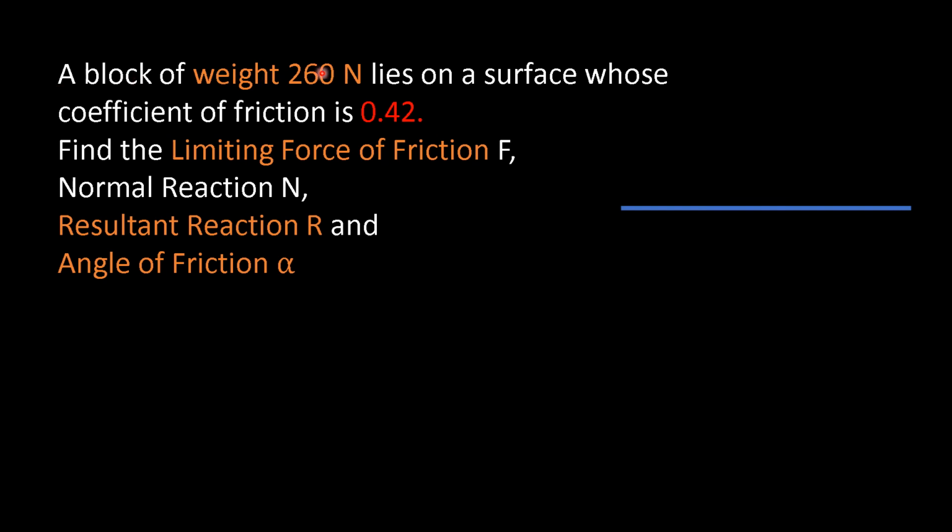A block of weight 260 Newton lies on a surface like this, whose coefficient of friction is 0.42. We have to find the limiting force of friction F, normal reaction N, resultant reaction R, and the angle of friction alpha.